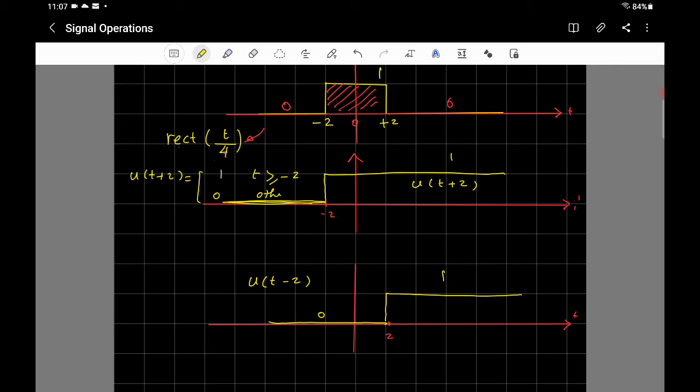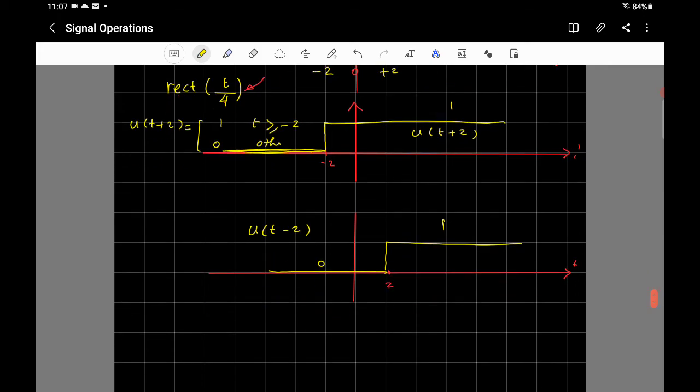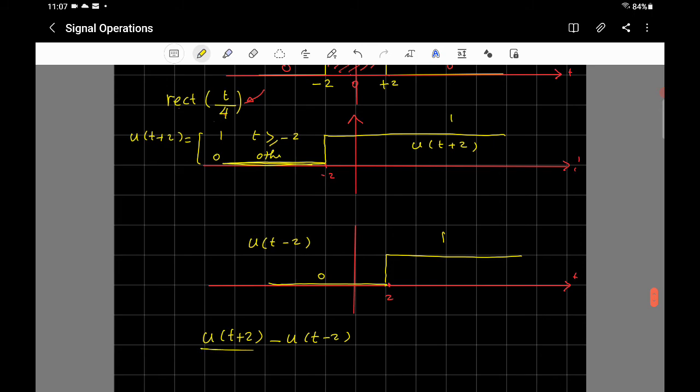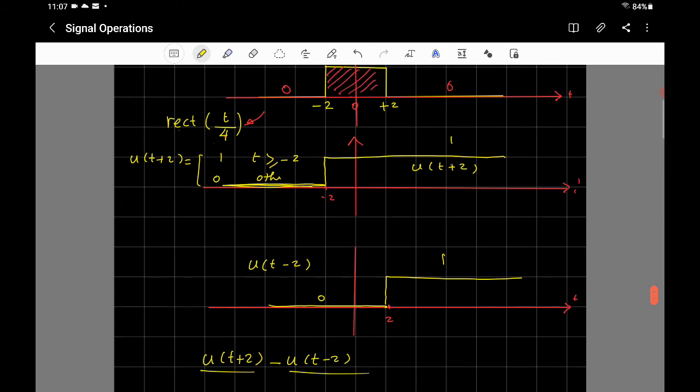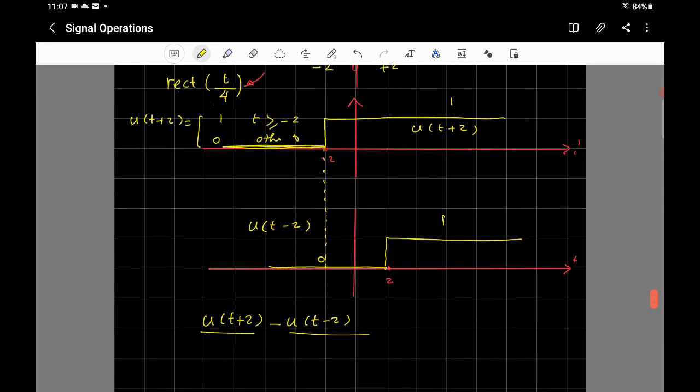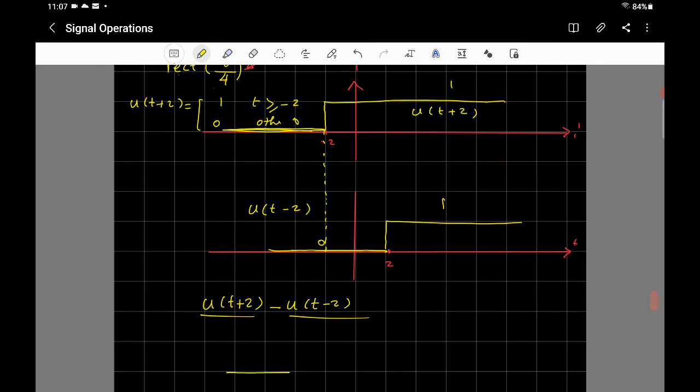So now we have these 2 unit steps. If you subtract them from each other, if you say I want to find u of t plus 2 minus u of t minus 2, both are step functions. The top one, u of t plus 2, minus the one at the bottom. So let's go ahead and subtract. When you have 0 minus 0, you will have 0. And from negative 2 up to 2, when you subtract, this is equal to 1 and this is equal to 0.